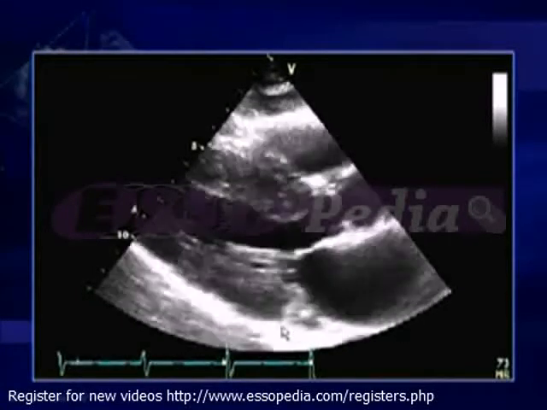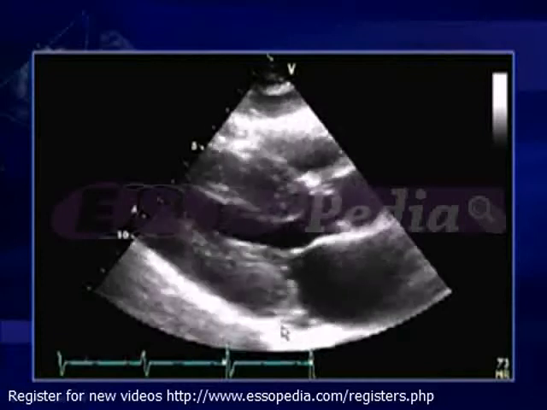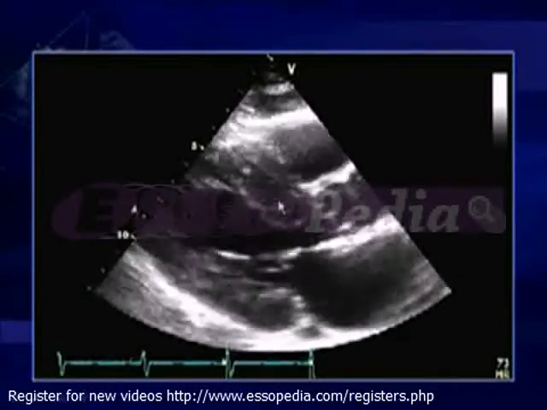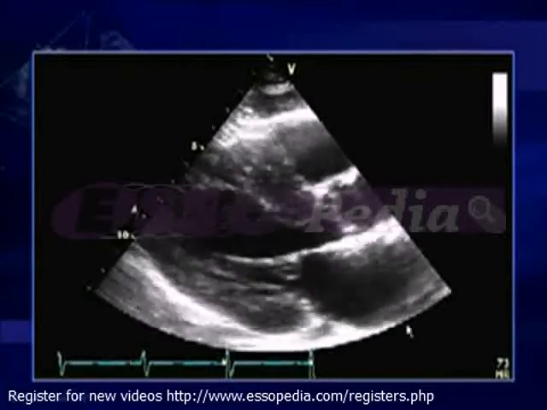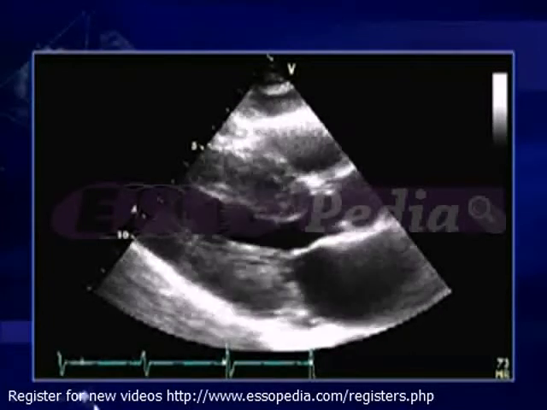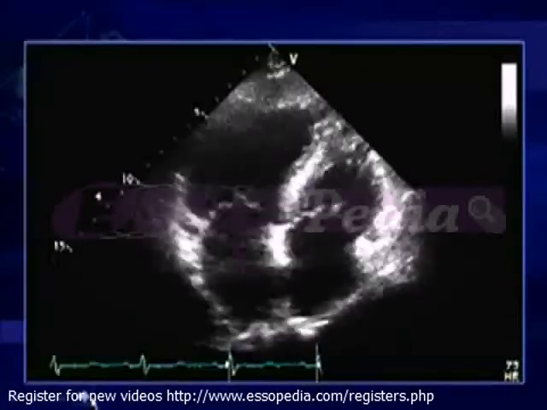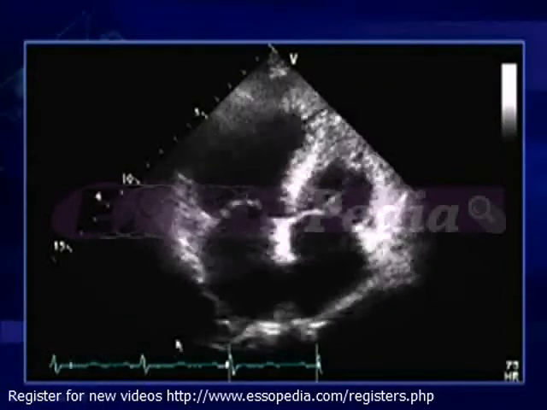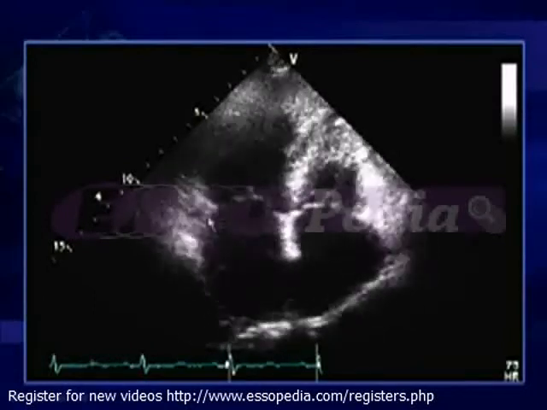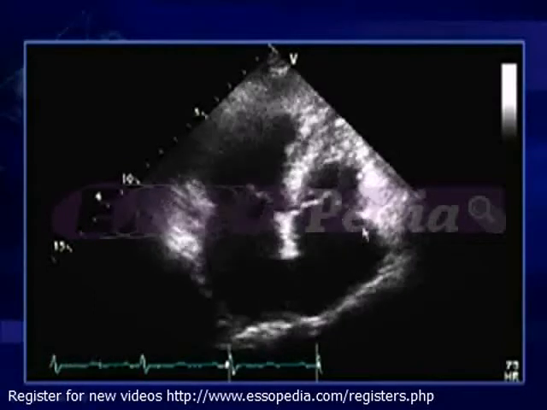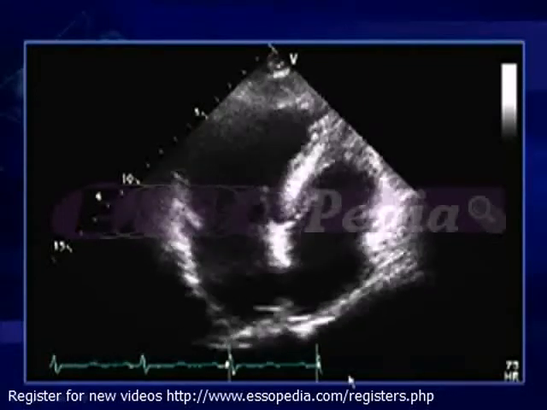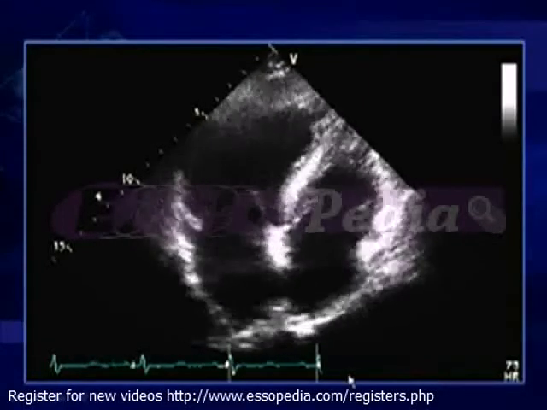In patients with diastolic dysfunction, qualitatively, you may appreciate that the LV walls are thick, that the left atrium is dilated, and that there is reduced annular motion. Here's the apical 4-chamber view: left ventricle, left atrium, biventricular ejection fraction is normal. Qualitatively, you may appreciate that the left atrium is dilated.